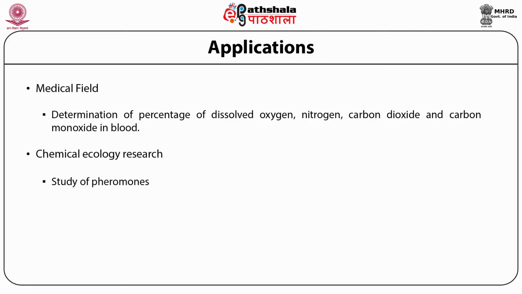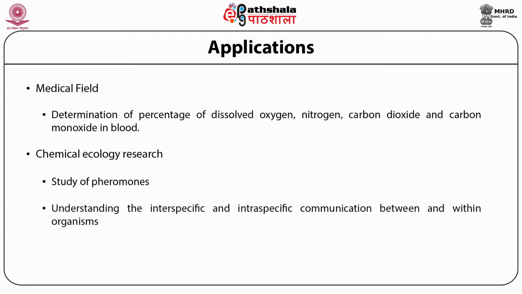Pheromones are chemical signals produced by organisms for their communication. Thus, it helps in understanding the interspecific and intraspecific communication between and within organisms. It can be used in manipulation and control of deleterious as well as beneficial organisms.